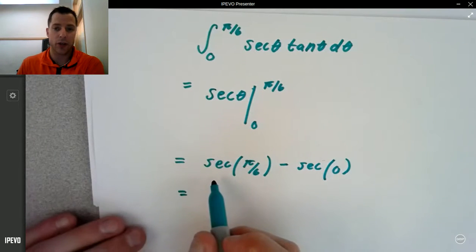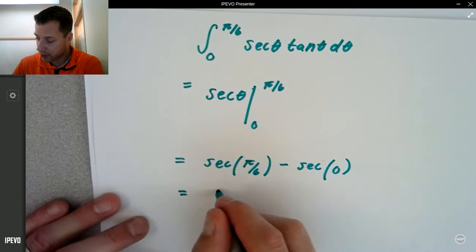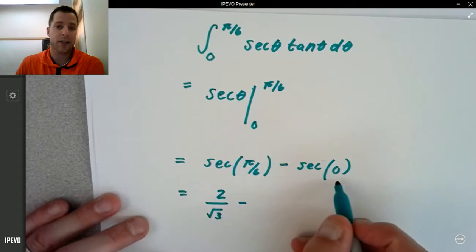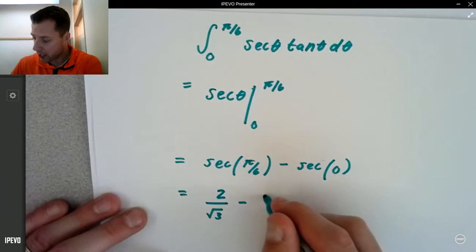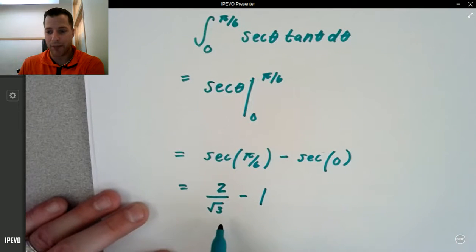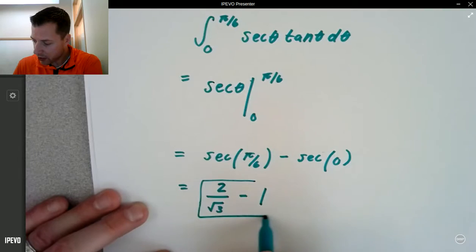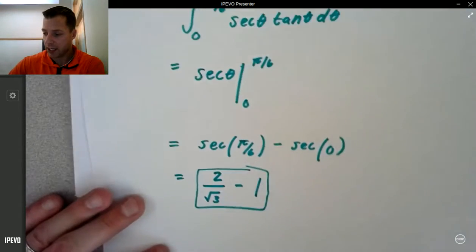Secant is 1 over cosine, and the cosine of pi over 6 is root 3 over 2, so this becomes 2 over root 3 minus secant of 0. Cosine of 0 is 1, so this just becomes 1. I'm not going to simplify by rationalizing, you could, but here's our area under the curve from 0 to pi over 6 of secant theta tan theta.